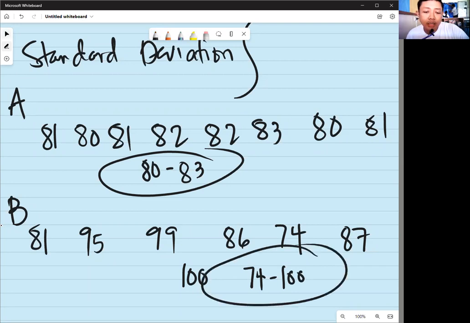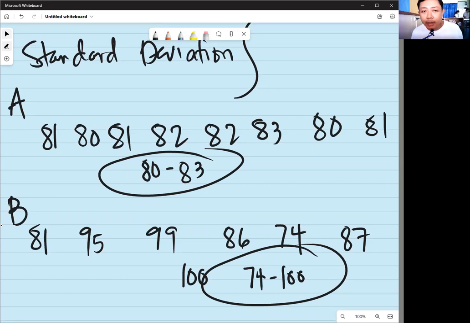Looking at the range, which of the two is widely spread? It's letter B, of course, because the movement or the range of student A's grades, 80, 81, 82, 83, is only 4. While for B, it's from 74 to 100. It's widely spread.